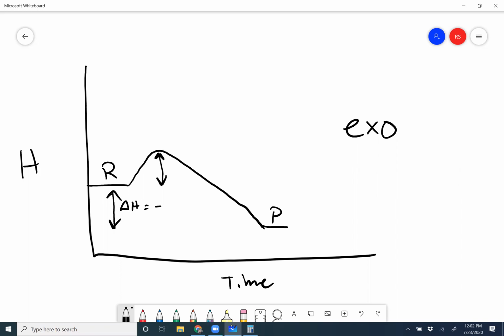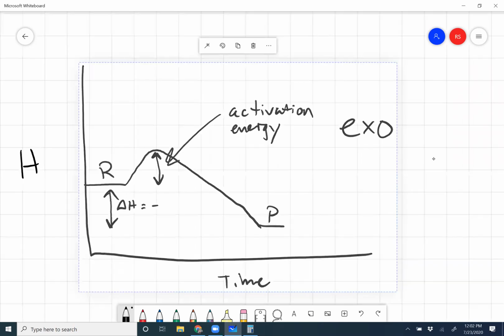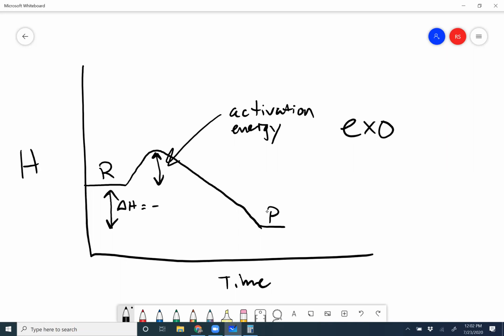And this little bump here is called the activation energy. We needed a little bit of energy to get the ball rolling, but as soon as it got to that point, it produced enough energy to kind of drive itself. And that's why this is considered an exothermic reaction, because the change in H is negative. We still had to have some activation energy, but not very much.